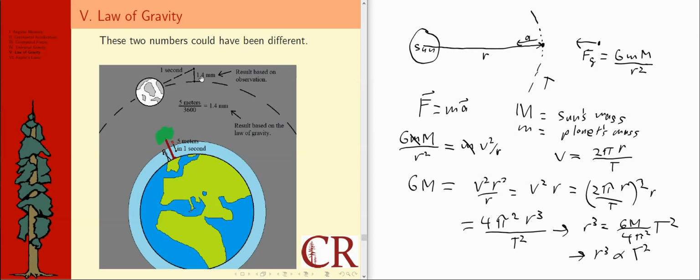If physics were a non-mathematical science, or really if science were just non-mathematical altogether, we could say, good enough. But science doesn't work that way. No, we're very precise about our predictions. These two numbers could have been different, but they weren't. They could have falsified the idea of the law of gravity, but they didn't. Instead, the agreement of these two numbers validated the law of gravity. Again, that's maybe not exactly how things played out historically.